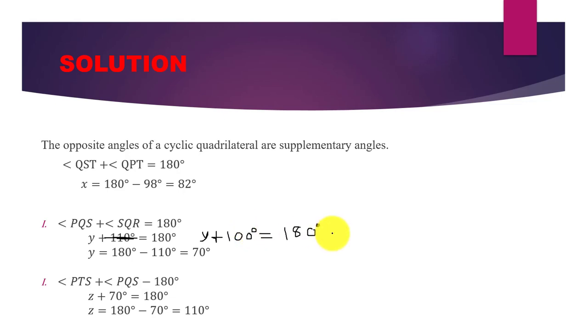So this equation gives us y plus 100 degrees equal to 180 degrees. But we want the value of y, so we subtract 100 degrees from 180 degrees, giving us 80 degrees.